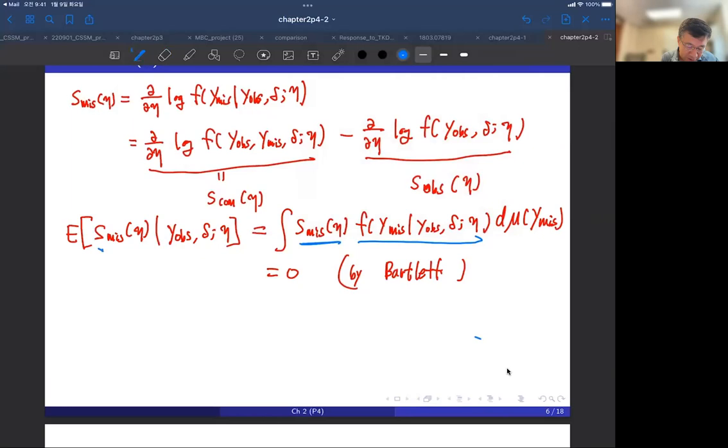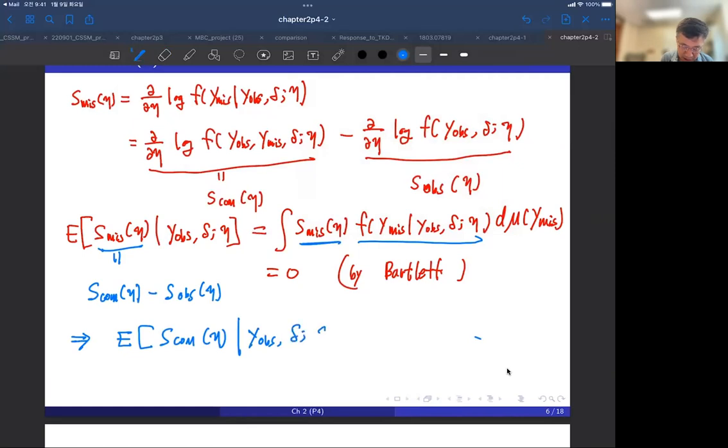So now we know this is S com eta minus S observed eta, right? And that implies the conditional expectation of S com eta given y observed, delta, eta is S observed eta.